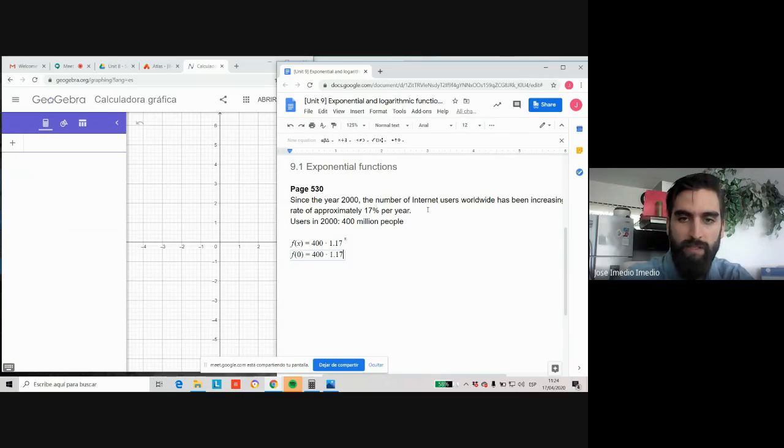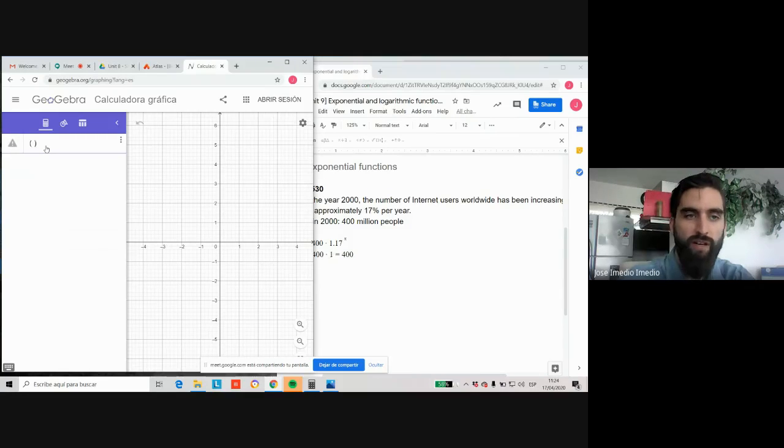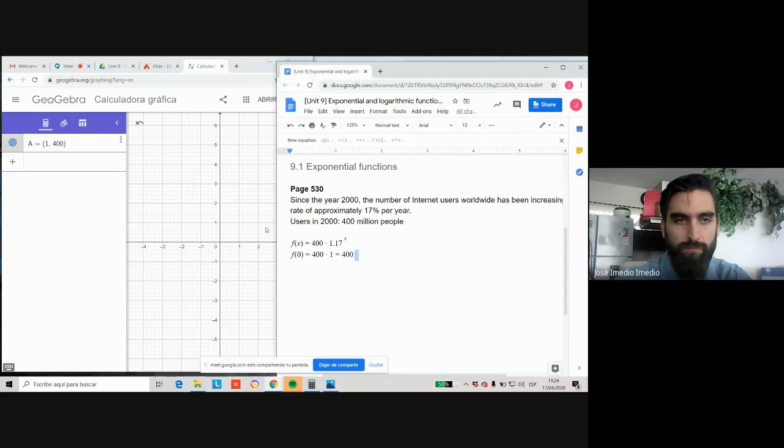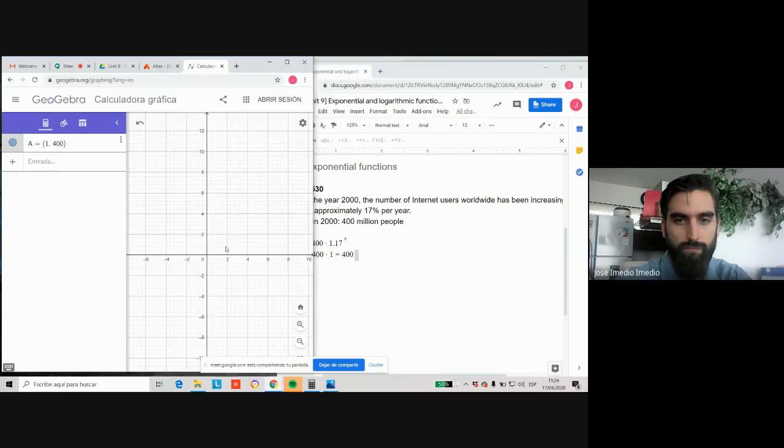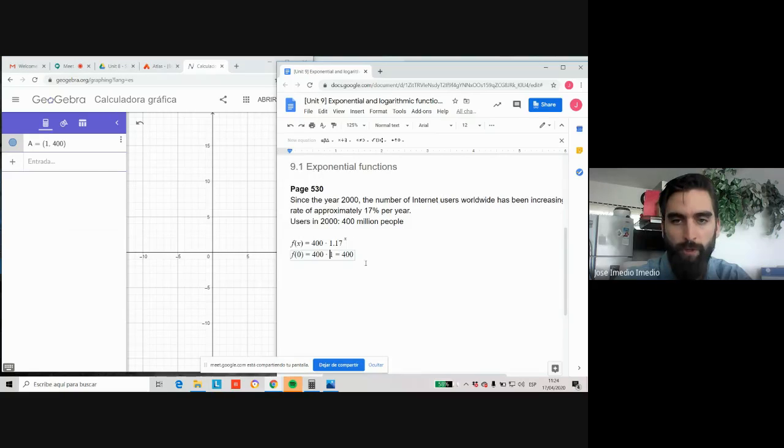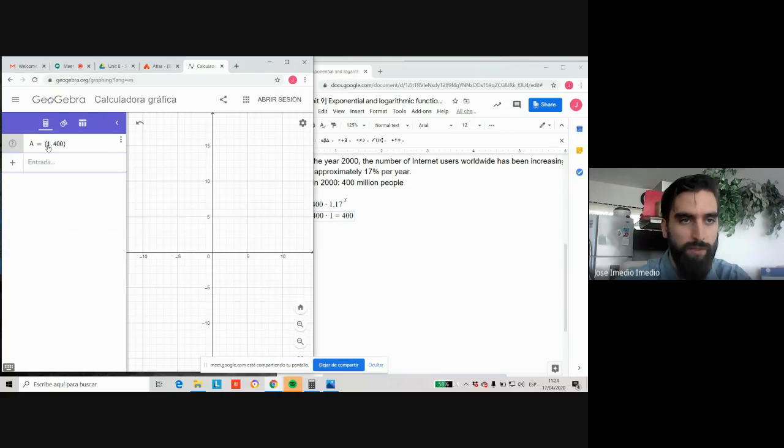This is 1.17 raised to the power of 0. All of this becomes 1. So this is a 1. And this gives us the point 1, 400. Sorry, the point 0, 400.